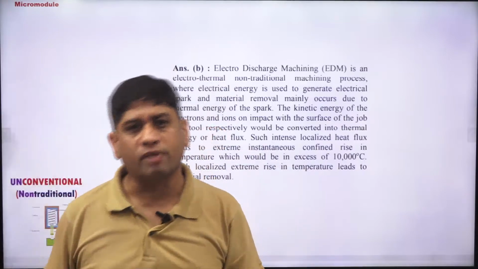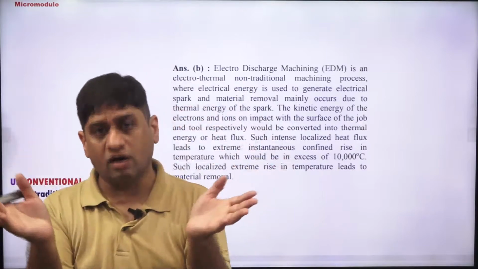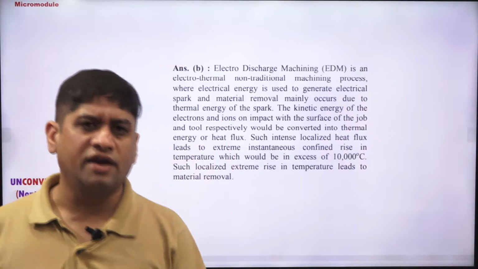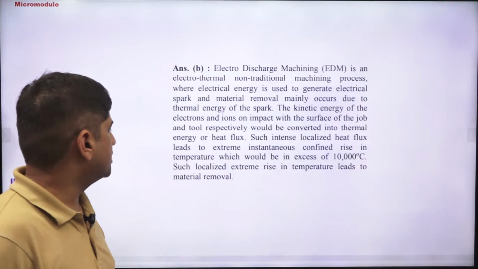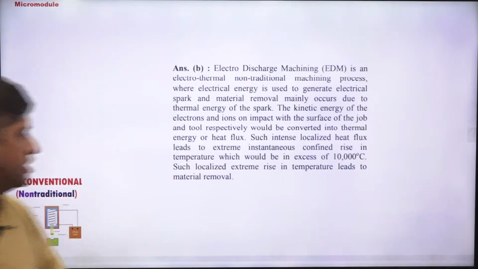Ionized gas is called plasma, an ionized atmosphere, because electrons are moving through the molecules and an ionized region is created. So that is basically what this is all about. 10,000 degrees centigrade is the temperature which we attain here. Such a localized extreme rise in temperature leads to material removal.